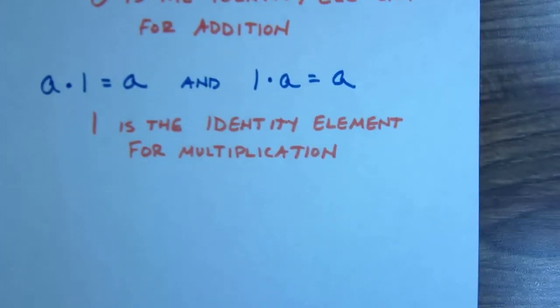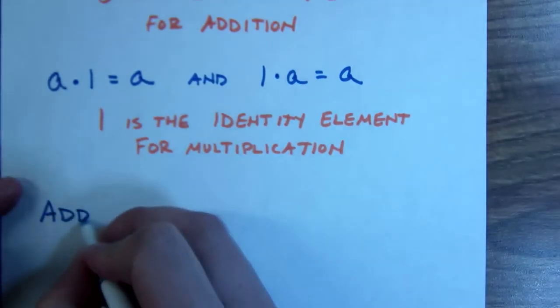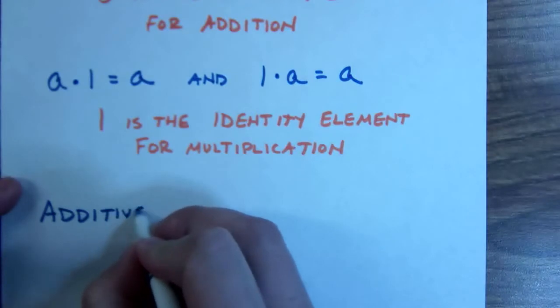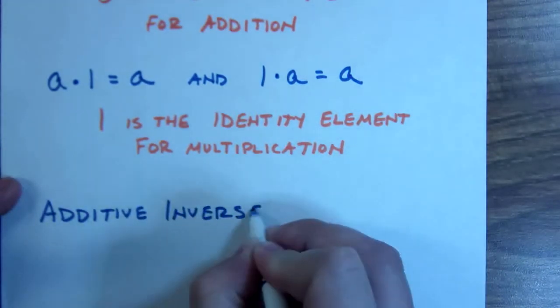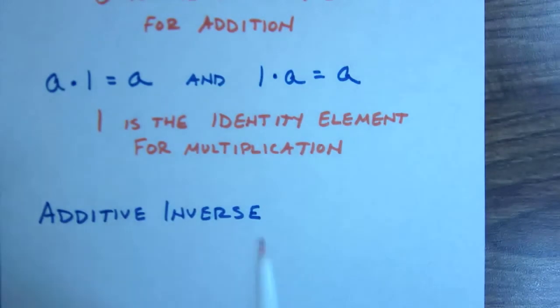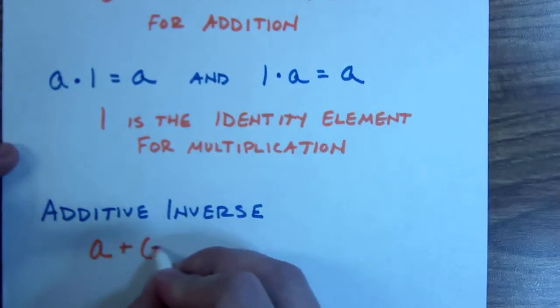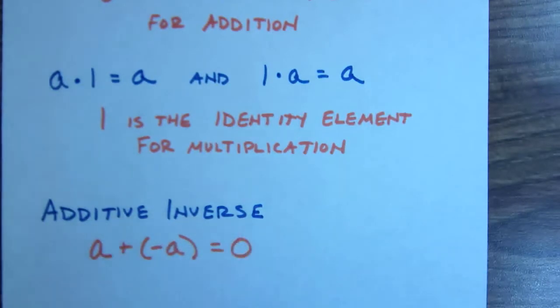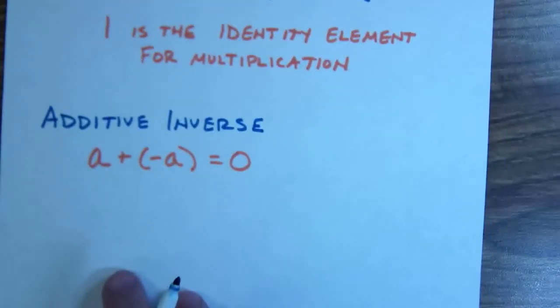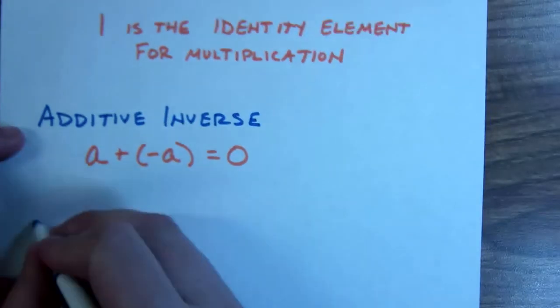The last one I want to talk about is the additive inverse and the multiplicative inverse properties. The additive inverse says if you take A and you add negative A, which is the inverse, your sum is 0. Meaning if you add something to its negative, the sum is 0. What do you suppose the multiplicative inverse is?